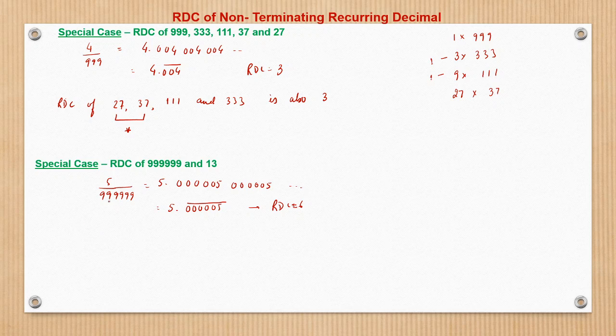Not only this 9 written 6 times will have RDC of 6, even its factors will have the same RDC of 6. So what are the factors of 999999? Let us factorize this. Here 9 divides this 111111. Further it will go by 3 times, or 11 easily it appears, so we divide by 11, giving 10101.